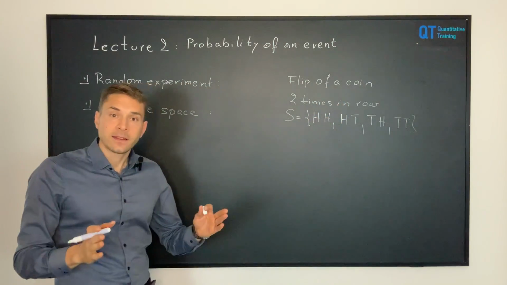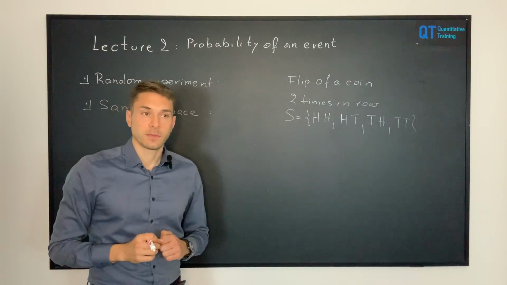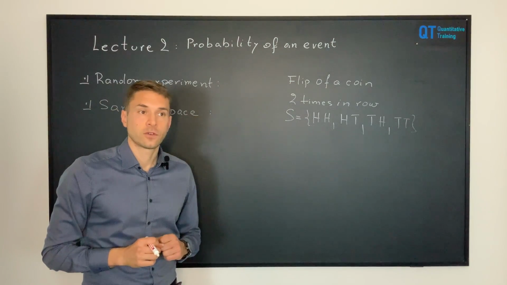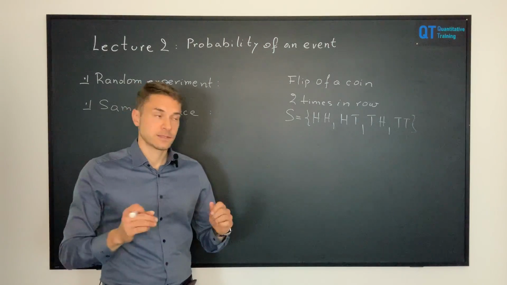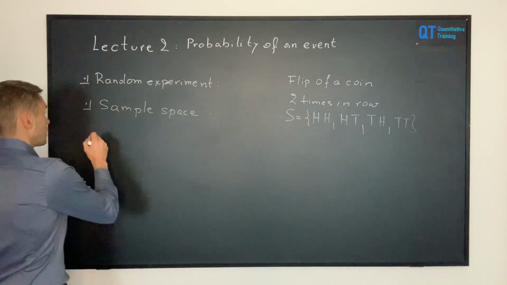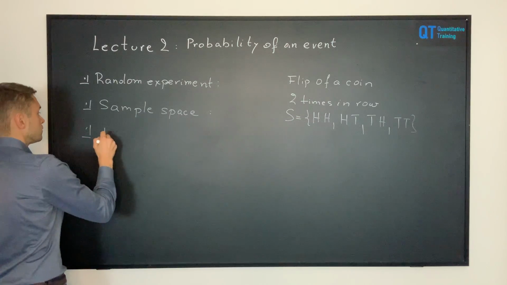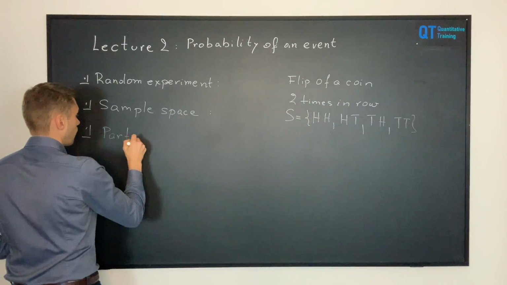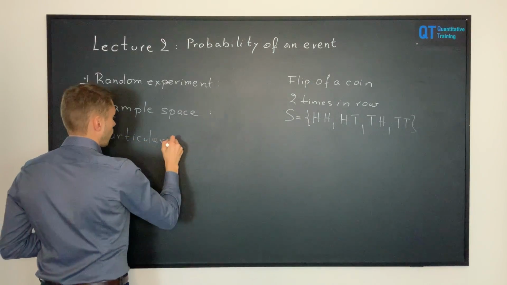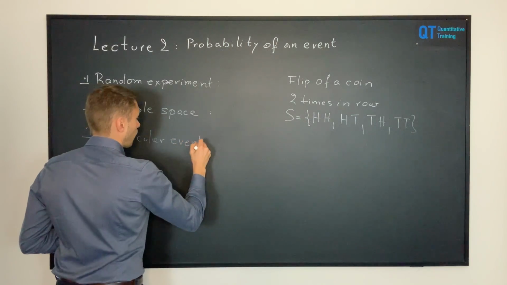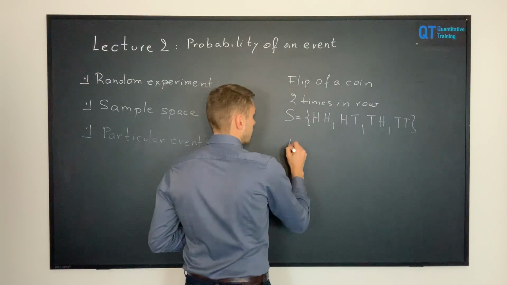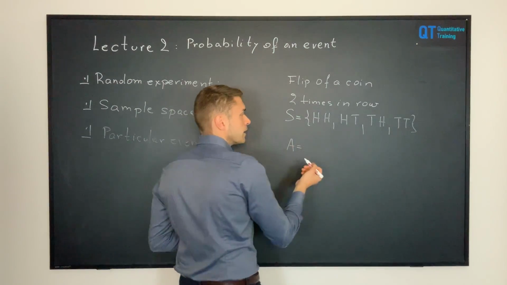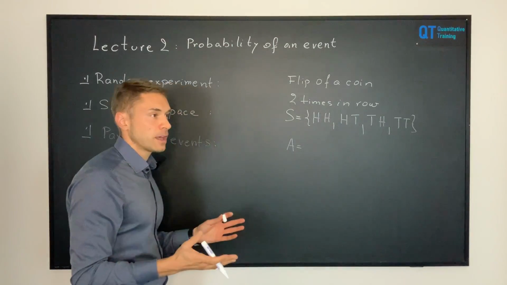As a particular event in this random experiment, we can look for the subset where we obtain at least 1 time heads. Let's call this particular event A. So basically A is composed of 3 different elements.